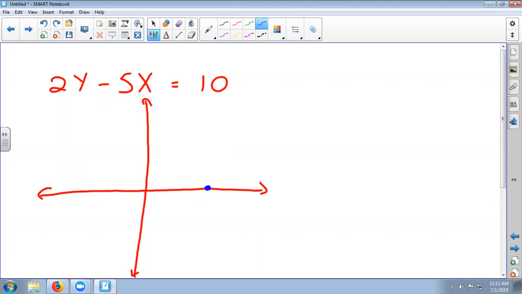If I'm looking for an x-intercept, how far left or right did I go? I don't. How far up or down did this go? Always 0, right? It doesn't matter where the intercept is.